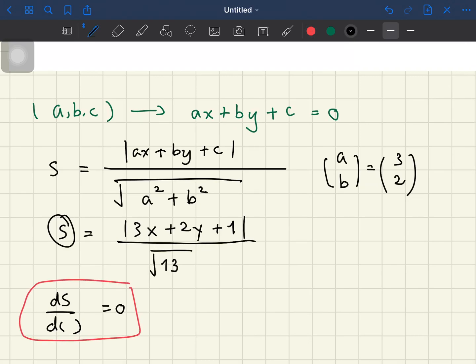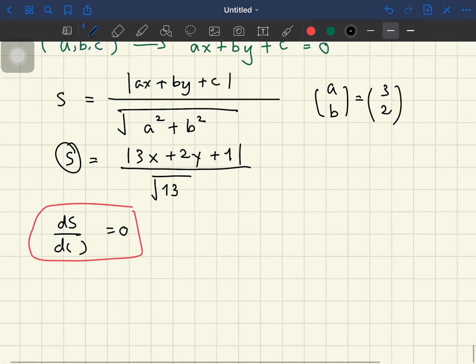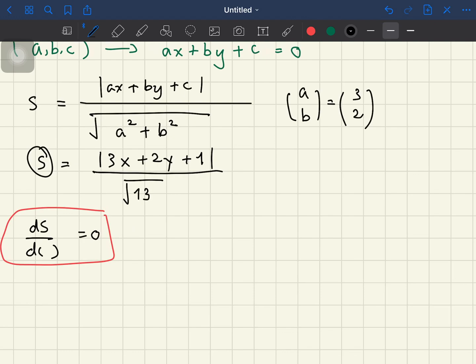This is reasonable, because when we differentiate a function with respect to a certain variable, or with respect to multiple variables, we can equate the derivative to 0, and so we can get the values of the variables which give the minima or the maxima of s.